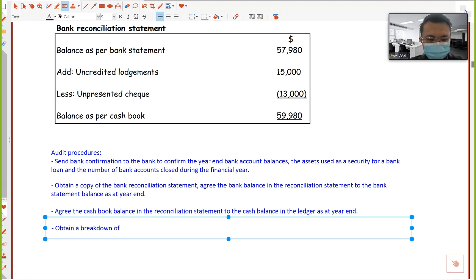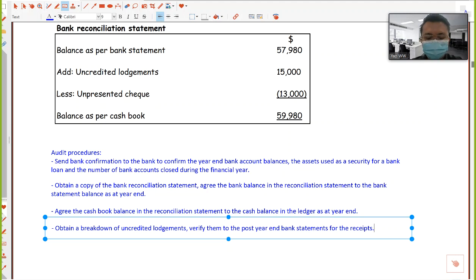Obtain a breakdown of uncredited lodgement. Verify them to the, okay, important part is you must tell post year-end bank statement or pre-year-end bank statement. This is the crucial, okay? Post year-end bank statement for the receipt.